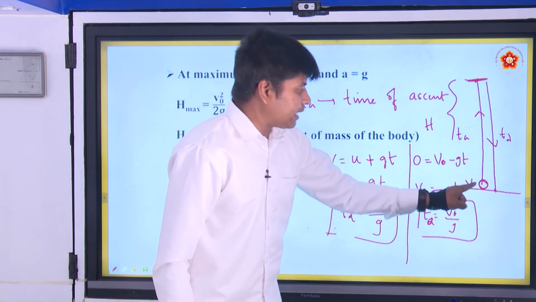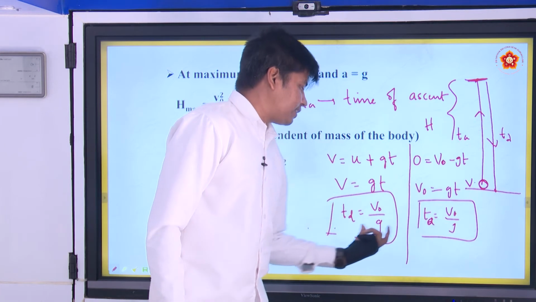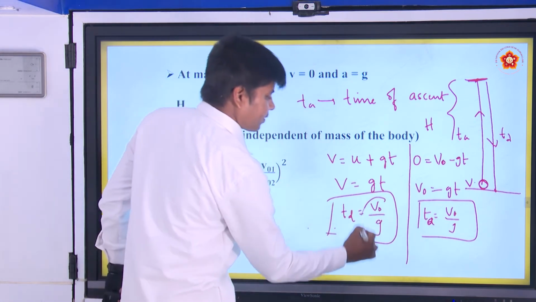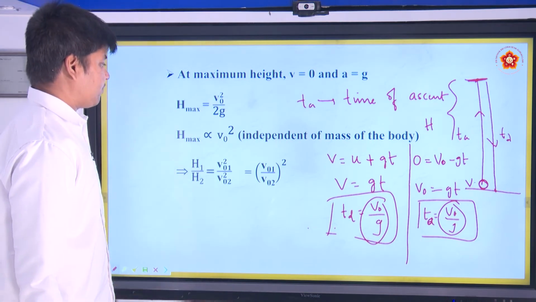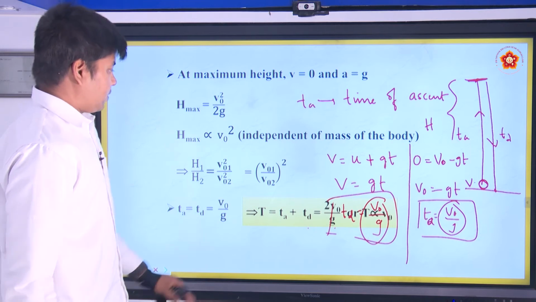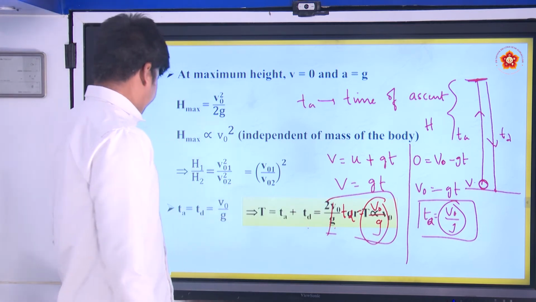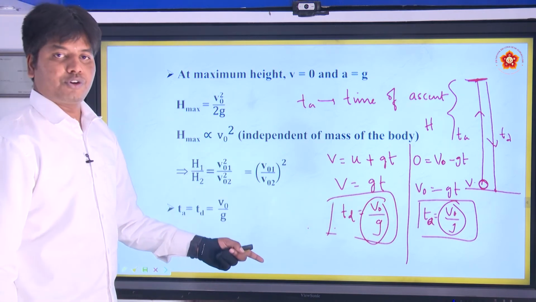With the same velocity again I threw up. Okay. So, it becomes time of descent, it becomes time of ascent. See, those two are equal. Time of ascent is equal to time of descent. So, I hope everybody noted it down if you want to note.